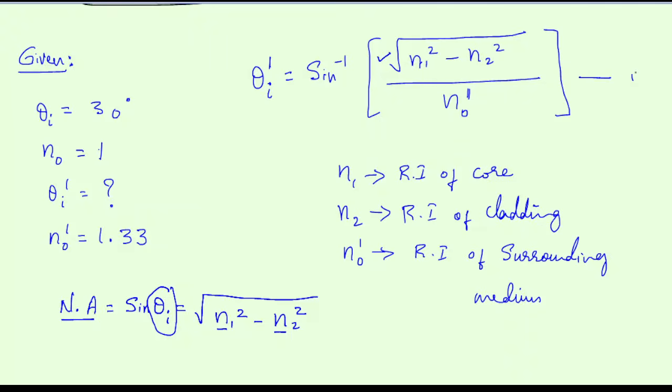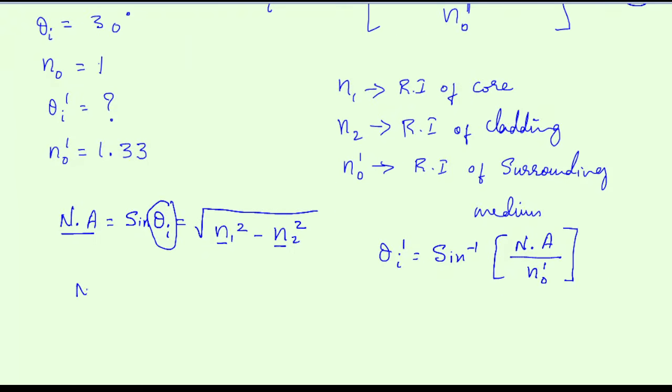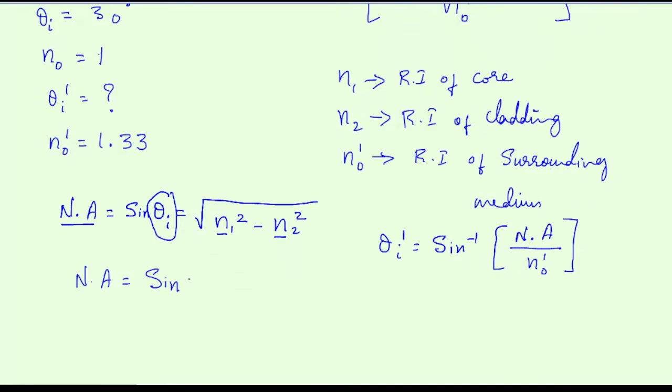So in equation 1, when we plug in the value of numerical aperture NA, replacing the square root by NA, we get theta I dash is sine inverse of numerical aperture divided by n0 dash. So numerical aperture equals sine of theta I, where theta I is 30 degrees, which makes it 0.5.